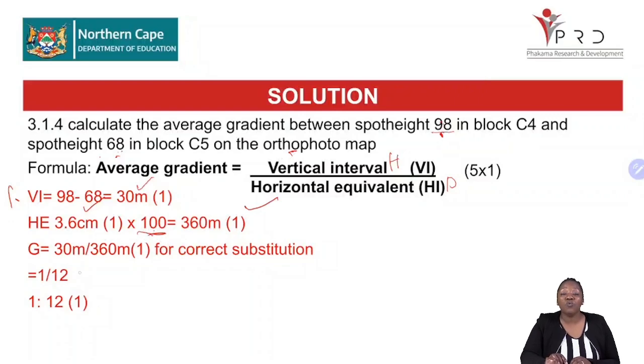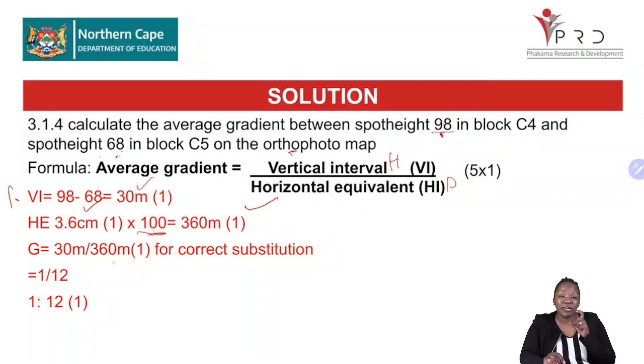Then after that, once we are done calculating the vertical interval alone, as well as the horizontal equivalent alone, you then go back to the formula. The formula is saying vertical interval over horizontal equivalent, which means you take the answer of vertical interval, which is 30, over the answer of horizontal equivalent, which is 360.